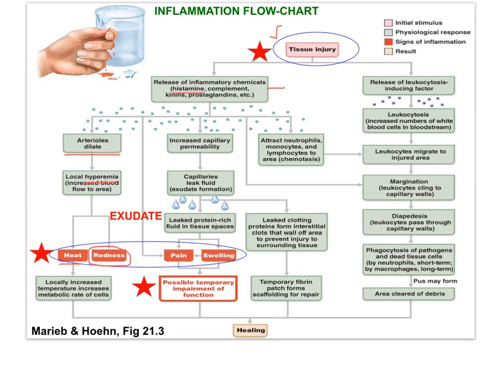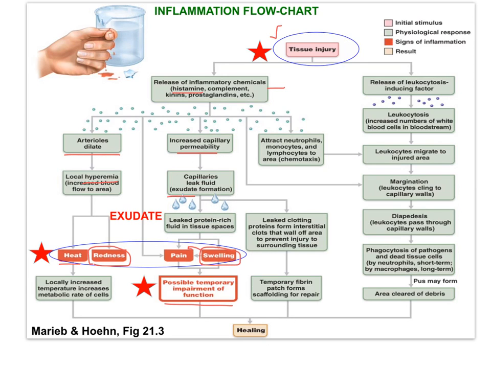We also get capillaries becoming much more permeable. Again, particularly the permeable vessels are the capillaries and venules. They leak this exudate. Remember, that's water plus protein. All of that protein-rich fluid contributes to edema or swelling, which in turn causes pain and typically limits the action or use of that area.